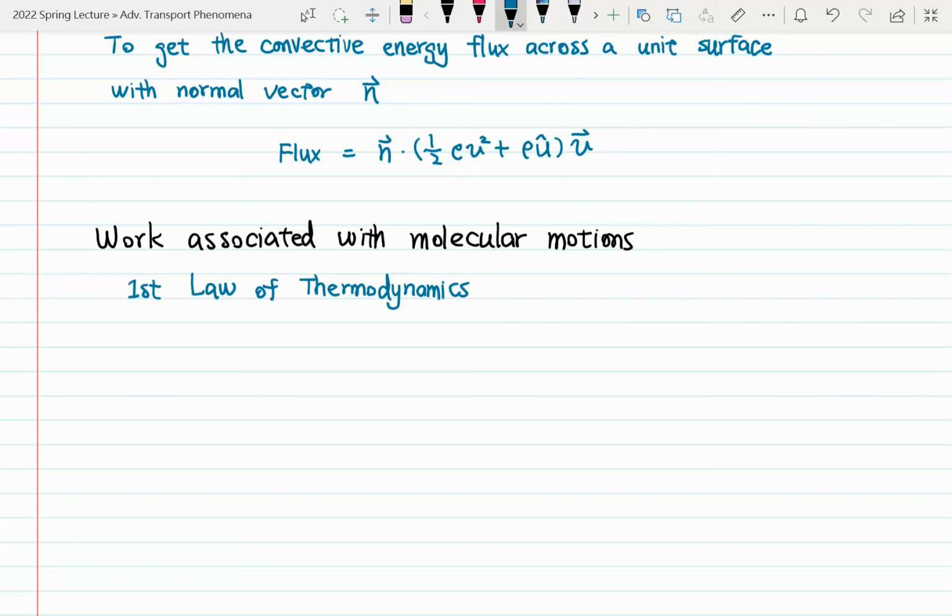So we have the change in internal energy equals the heat added to the system plus the work done on the system, right? So Q here is the heat added to the system, and W here would be the work done on the system.